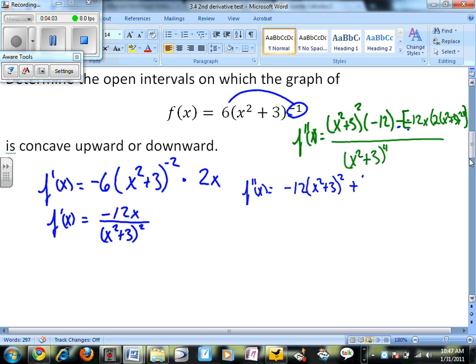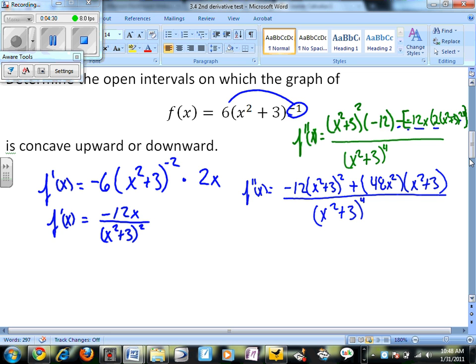I have a 12x, a 2, and a 2x, so 2 times 12 is 24, times 2 is 48, so 48 x squared times x squared plus 3, all over x squared plus 3 to the fourth power.